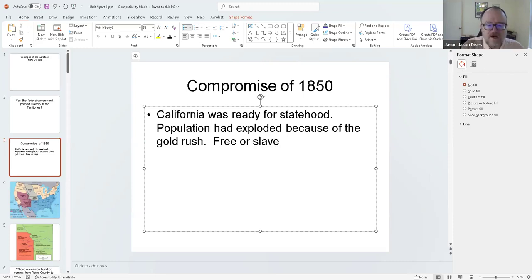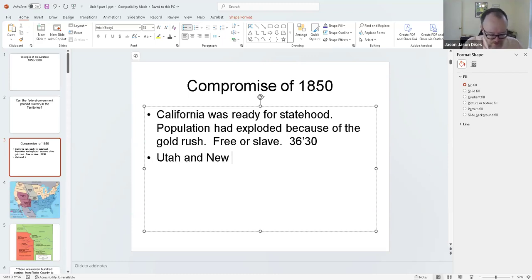The last time we did a compromise regarding slavery had been 36-30, right, way back in Unit 3, the Missouri Compromise. And California lies outside of the Missouri Compromise boundaries. Most of the Missouri Compromise had been taken up with the Louisiana Territory.